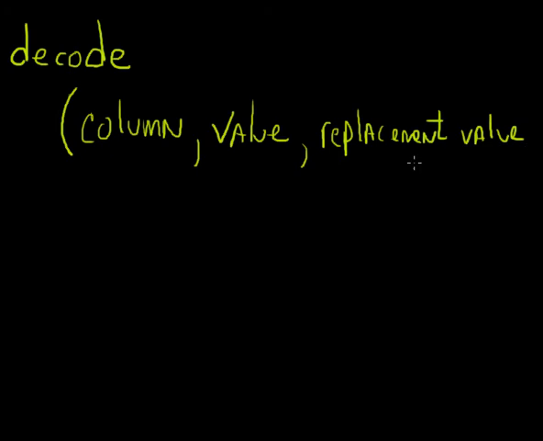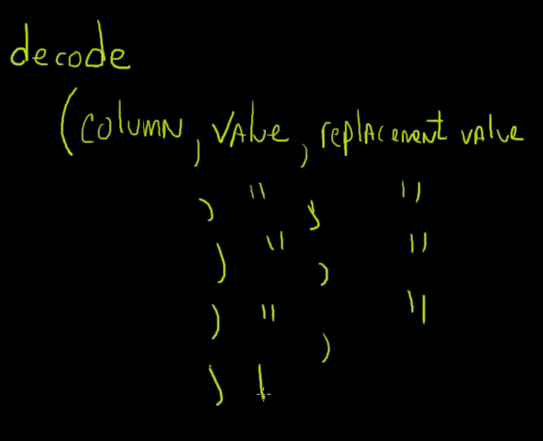Then this repeats over and over again for however many different values you have, separated by commas, and you can have as many of these as you want. And finally, at the very end, you'll have a default value if it's not satisfied by anything else.